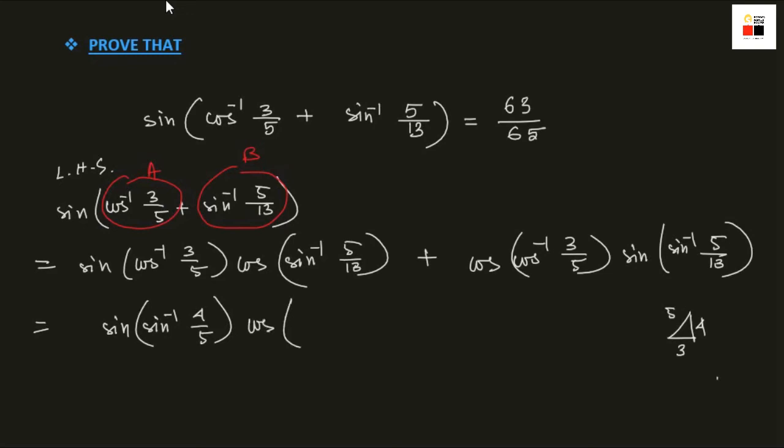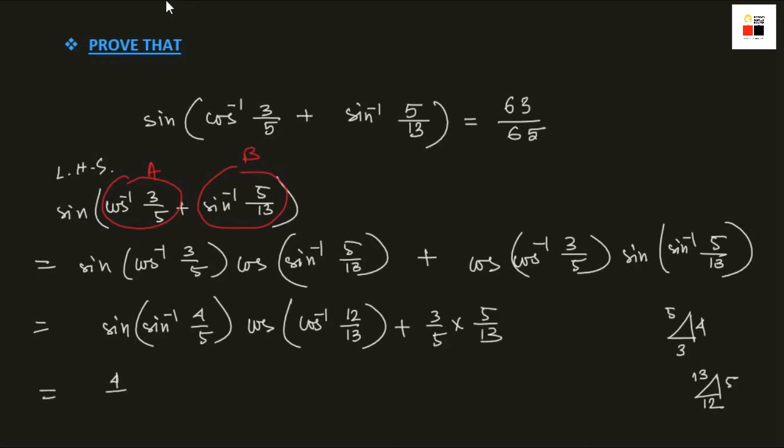And if we take another right angle triangle whose perpendicular is 5, hypo is 13, then base will be 12, cos inverse 12 by 13 plus 3 by 5 into 5 by 13.